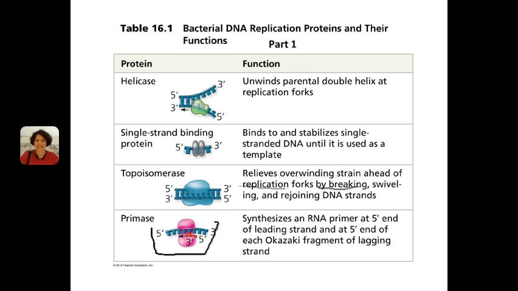Primase is an RNA polymerase that is going to synthesize an RNA primer at the 5' end of the leading strand and at the 5' end of each Okazaki fragment of the lagging strand. RNA polymerases need a template, but they don't need a primer, so they're the ones that are used to make the primers.